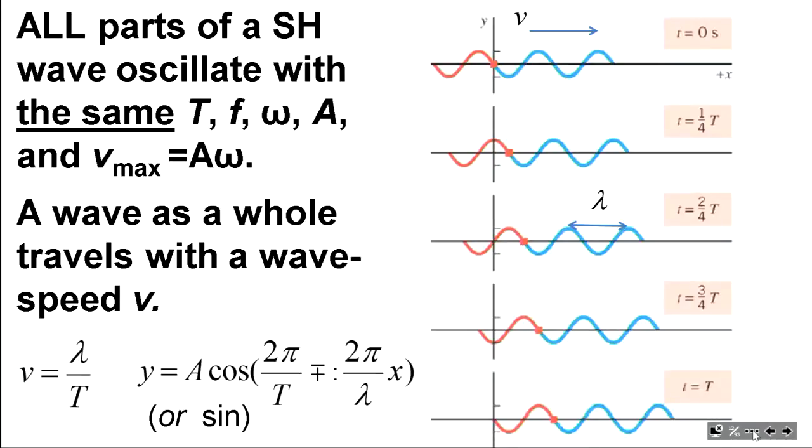So that's the initial instant. Then we close our eyes and in a quarter of a period open them, and we can see that the whole wave shifted by a quarter of a wavelength, and then another quarter, and then another quarter, and then another quarter. So in one period, it travels one wavelength.